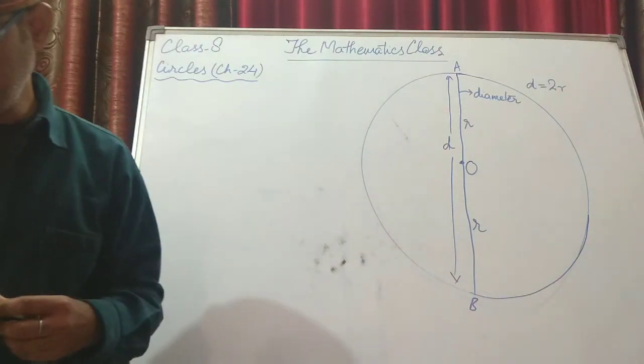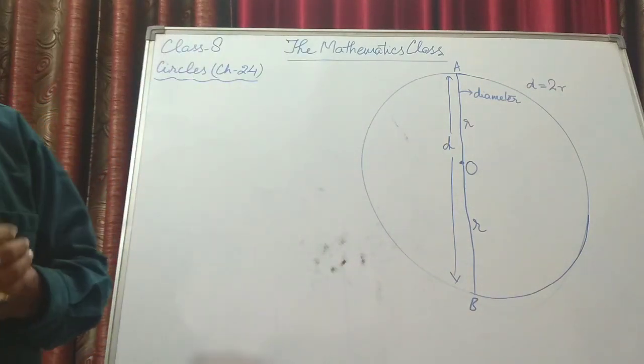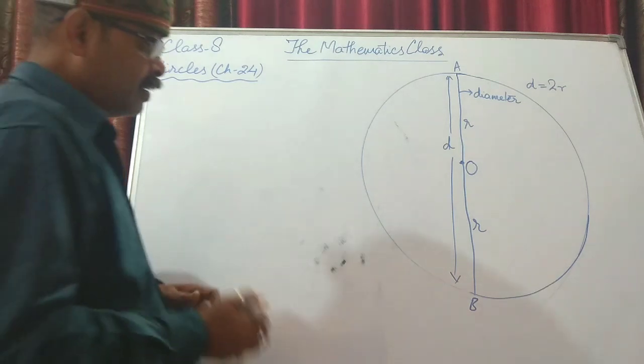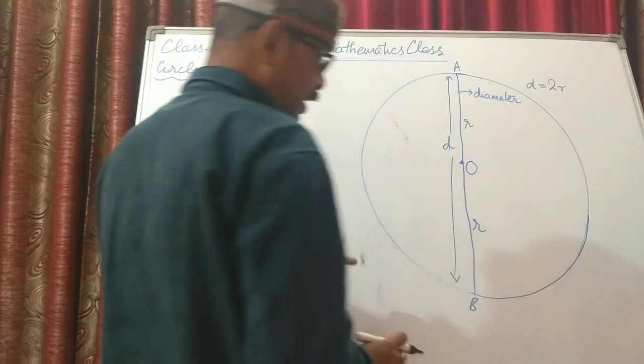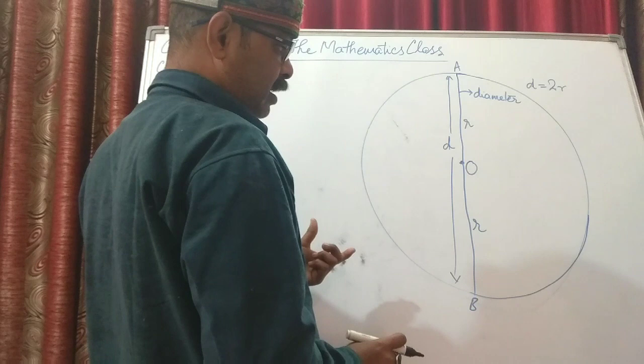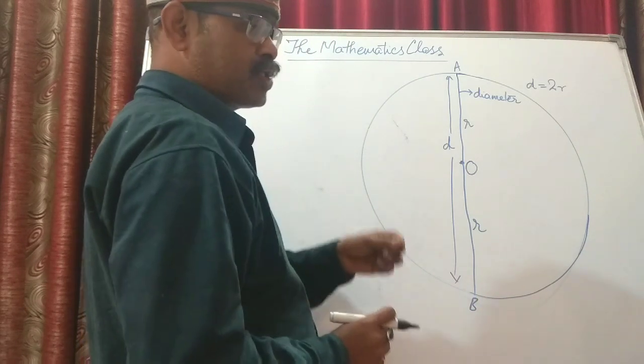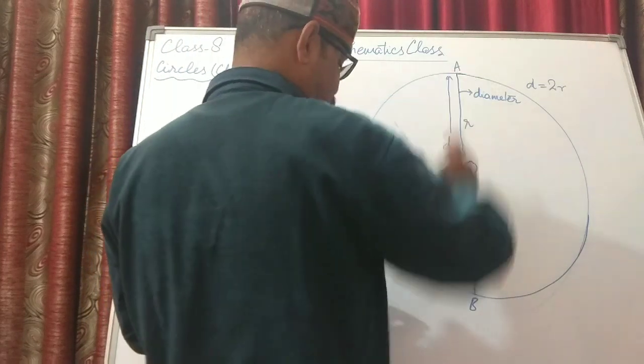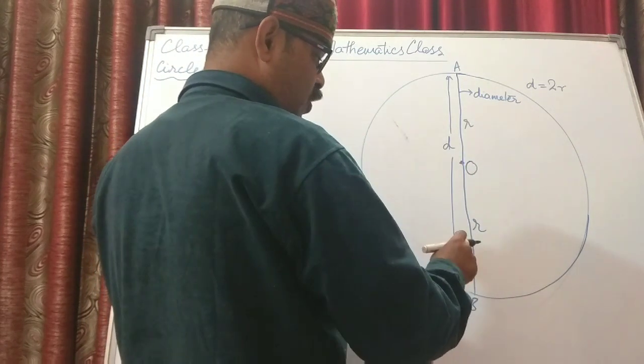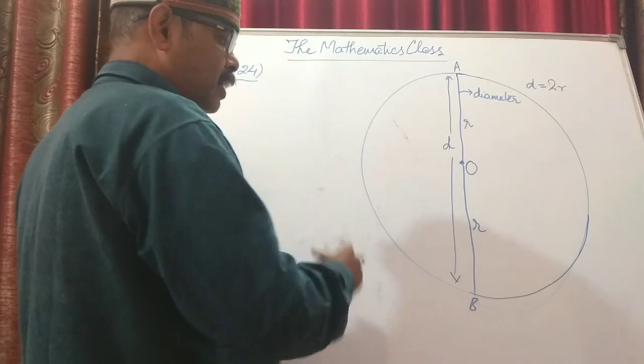Now second thing is, if you join any 2 points on the circle, that is always known as a chord. Suppose AB is the chord, as well it is the diameter.